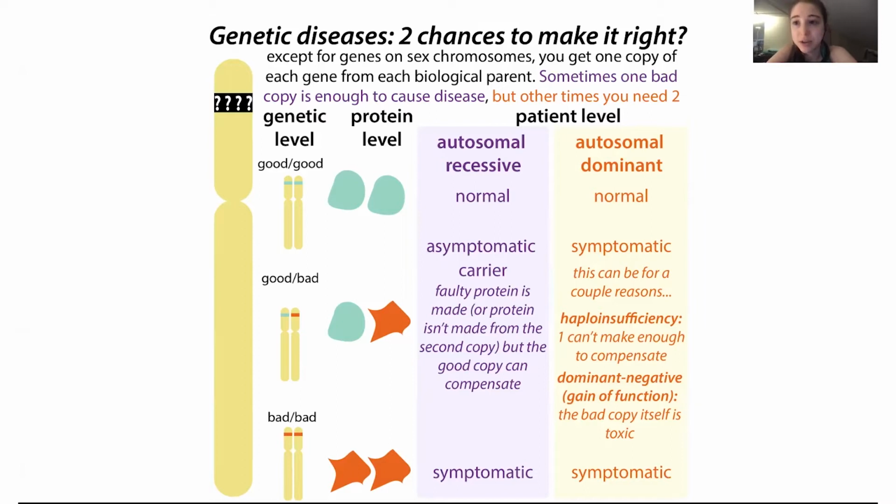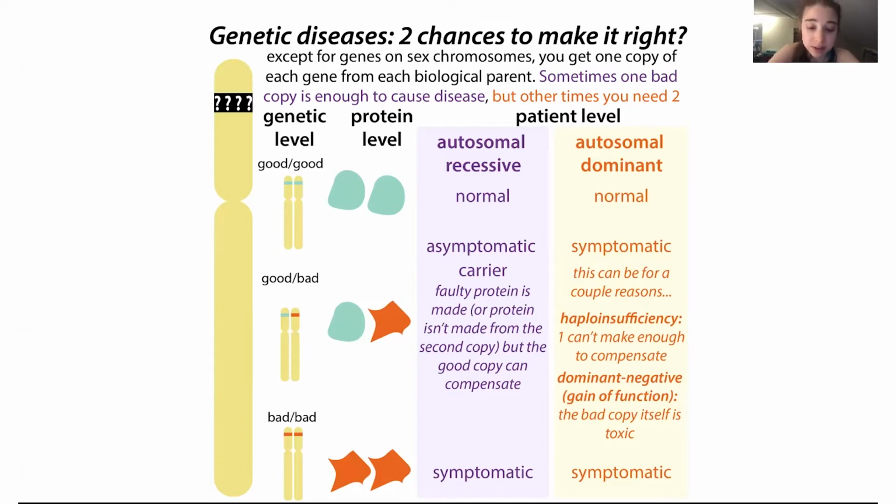You can imagine that if a protein's function is to bind something, do something to that thing, release it, and then bind another copy and do something, and you have a protein that just binds it but can't do what it's supposed to do, it's going to sequester that thing and cause problems. This is one way you can get a gain of function.